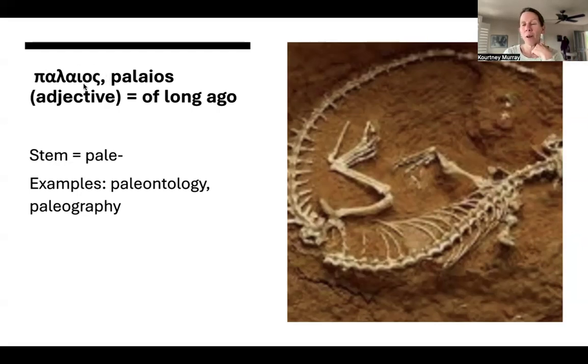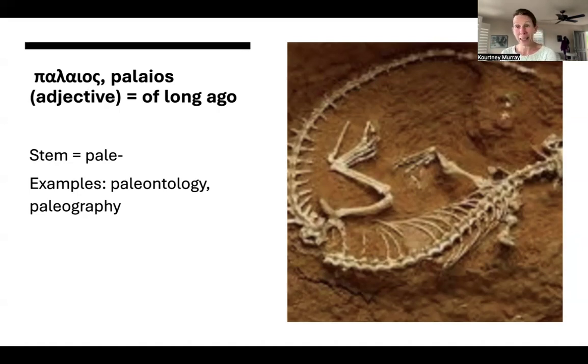To get the stem, you drop off the OS and you get our stem pala, though there may be some other letters in there you want to look at. And this is another instance of where the Greek word means something kind of generic, and then English usage has become a little more specific. So as I mentioned with archaeology, which is the study of old things, we use that for ancient ruins, right?